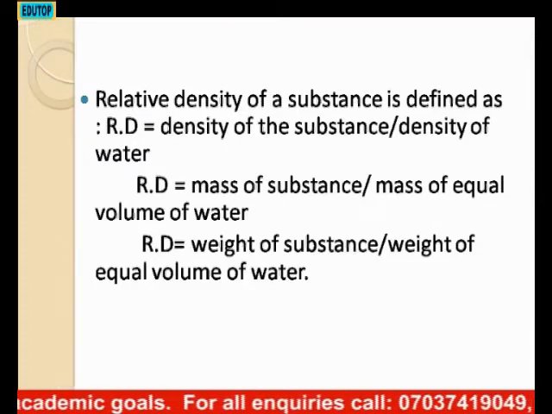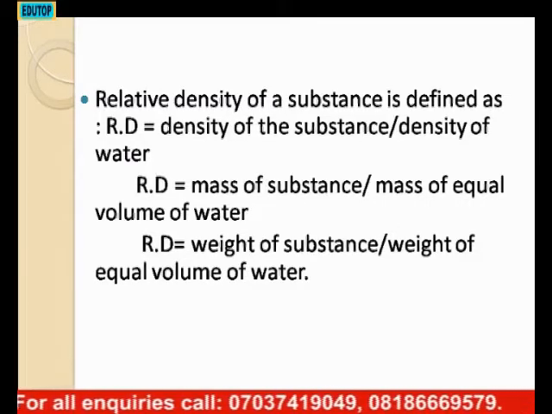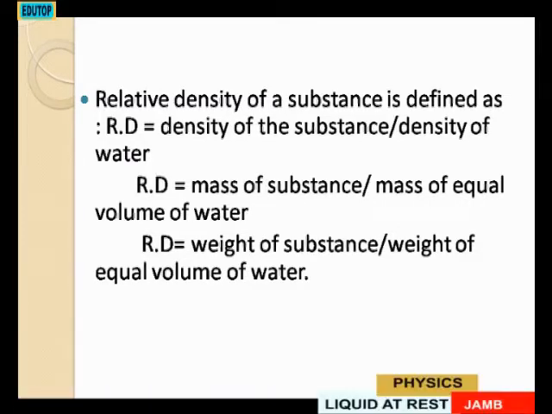It can also be defined as mass of substance divided by mass of equal volume of water. This same relative density can be weight of substance divided by weight of equal volume of water.